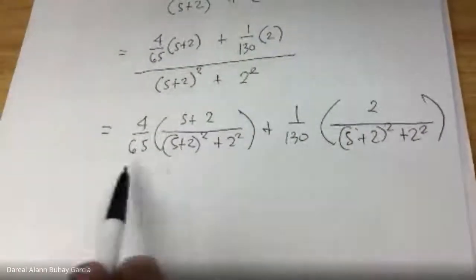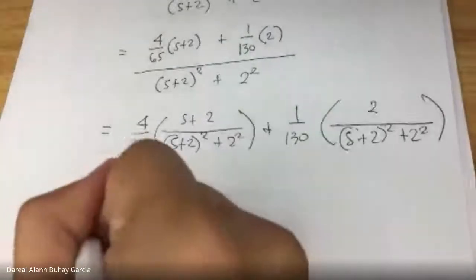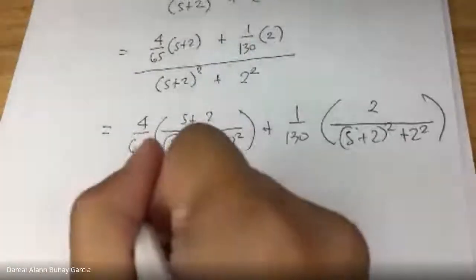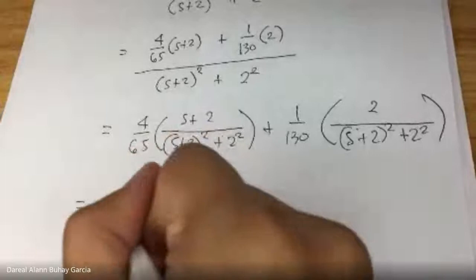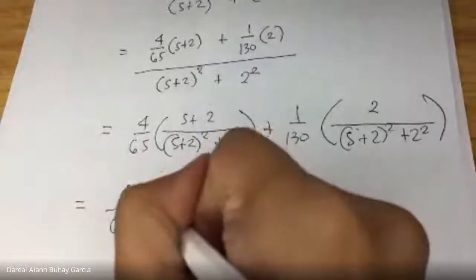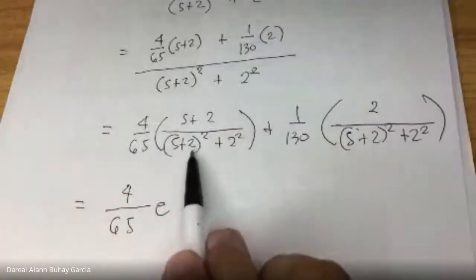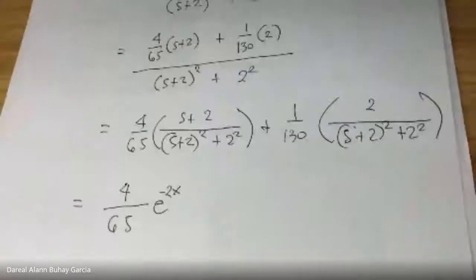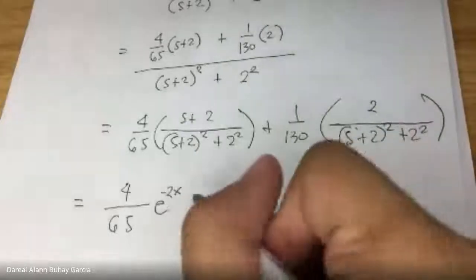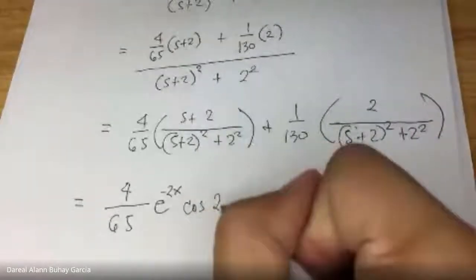So it's readily invertible. The inverse Laplace is 4 over 65 e to the power of negative 2x cosine 2x.